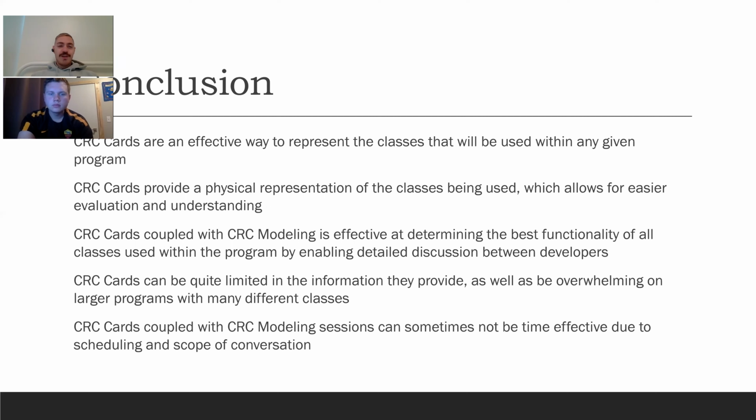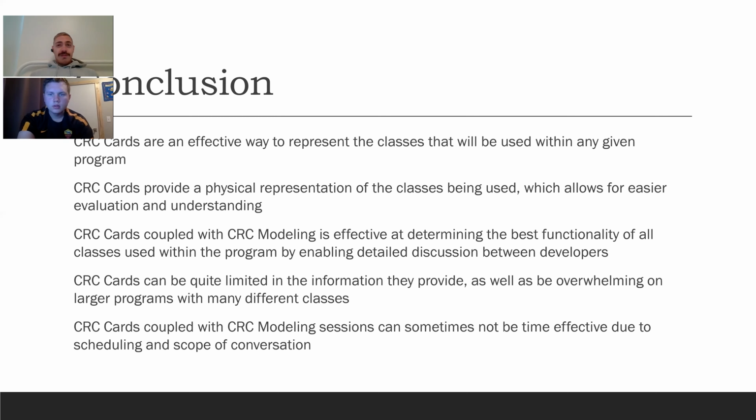So they're good for getting a base understanding of the classes for the program. And since they are physical in nature, they're easily distributed, easily understood by multiple people, which would be that CRC modeling team we were talking about before. A large group of people can get their hands on these quite easily, and then clearly understand what is being meant.